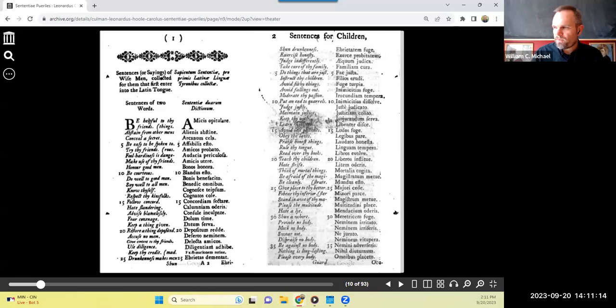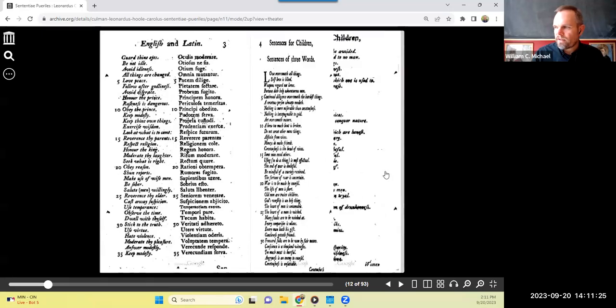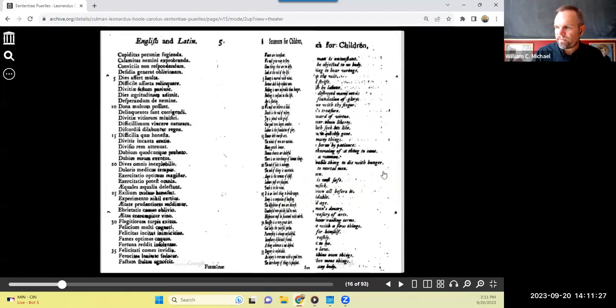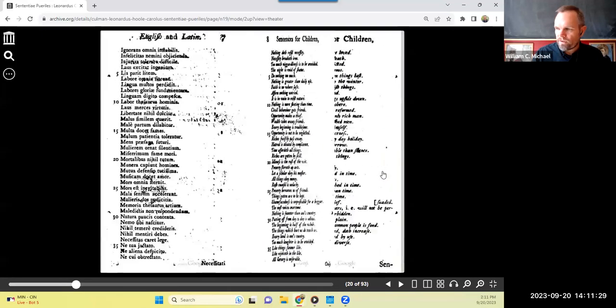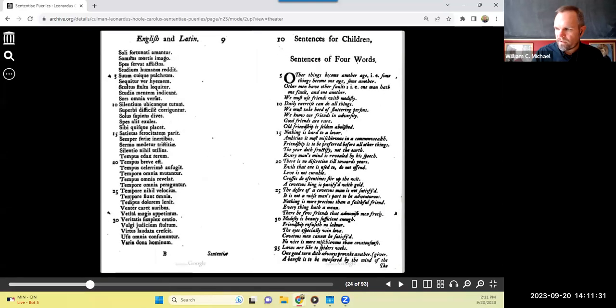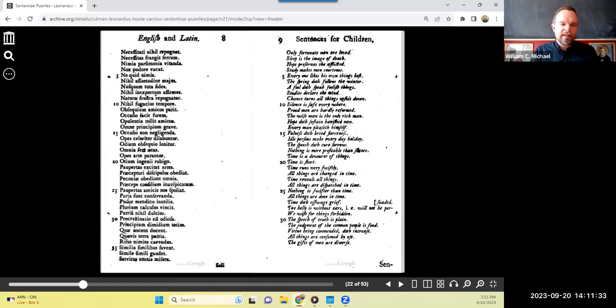What you'll see in this book is tons of simple phrases translated into English. So it's a source of hundreds and hundreds of Latin phrases and their English meanings, which is a good way to learn some more vocabulary. If you're really into Latin vocabulary studies, Sententiae Pueriles is a good source.